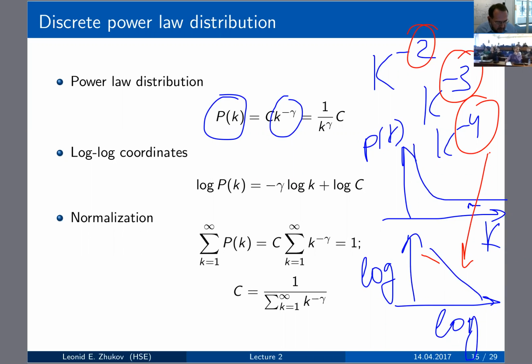It's going to be this way, or that way. All right? So the key message here is the following. If you see a distribution in a network that looks like this, sort of dropping really fast, try to plot it in log scale. And if you see something that resembles a straight line, well, then you have a power law.